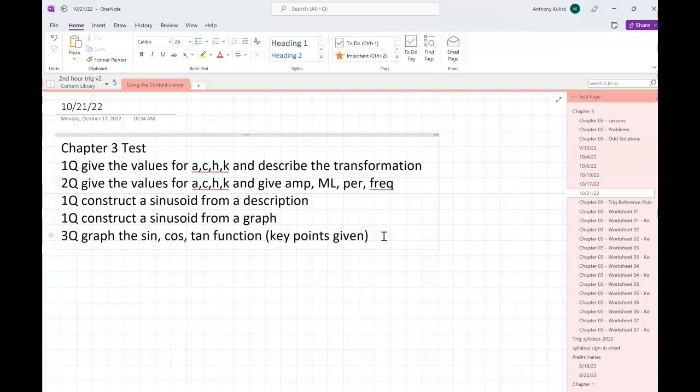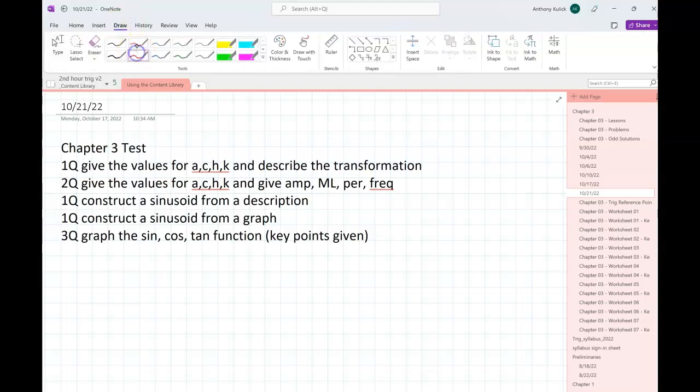What formula needs to be there? Right? You definitely need that so that you make sure you do your transformation correctly. That formula tells you how to transform the parent function into the resultant function. You definitely want that on there.